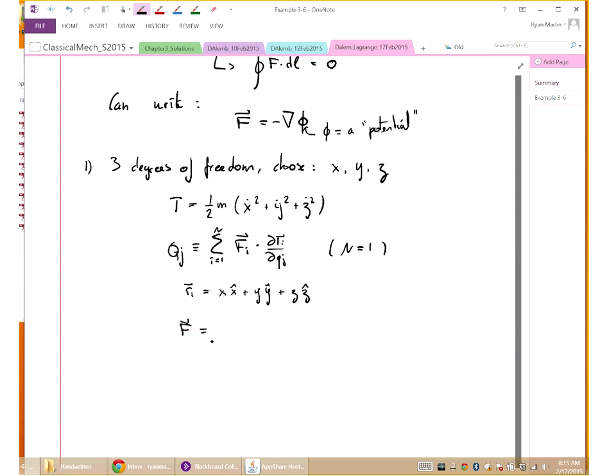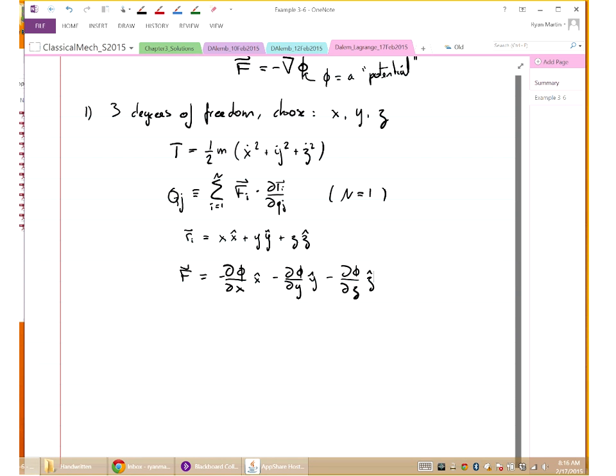So the force F, if I write it as a vector, would be minus ∂phi by ∂x x hat minus ∂phi by ∂y y hat minus ∂phi by ∂z z hat. And there's a minus sign in front of the gradient at the top. And that's just the definition of gradient, right?